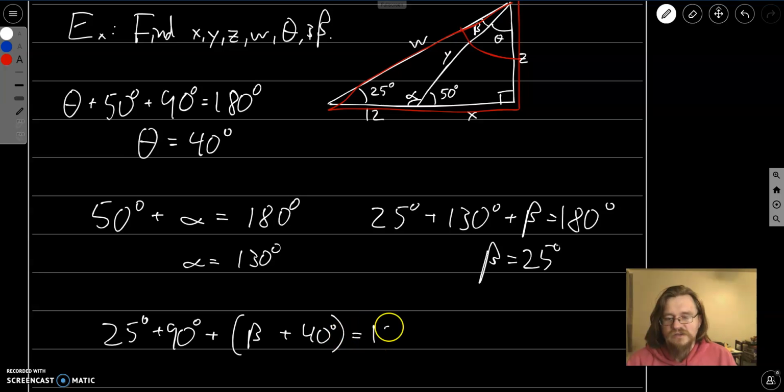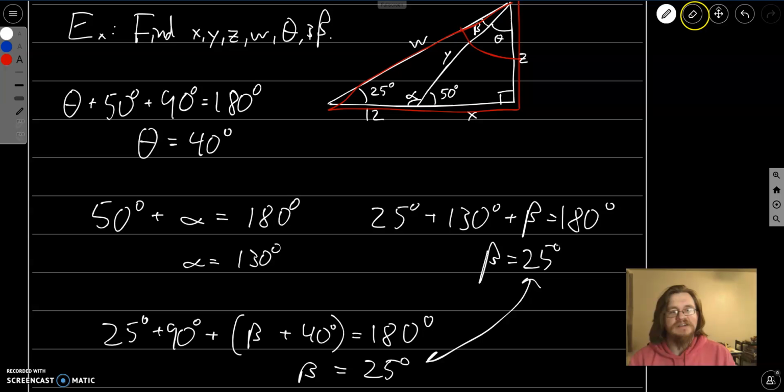All of this should add up to 180. If I subtract 25, 90, and 40 from both sides, we'll see that beta should be 25 degrees again. Note, we got the same answer both times. So all is good. We found theta and we found beta.